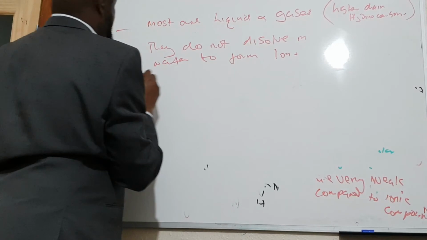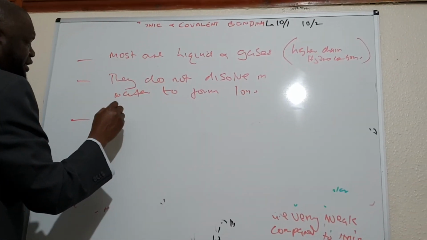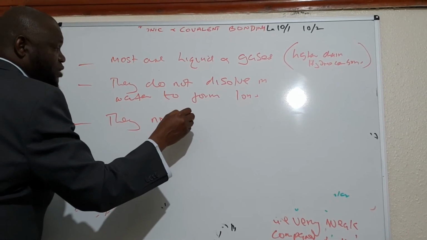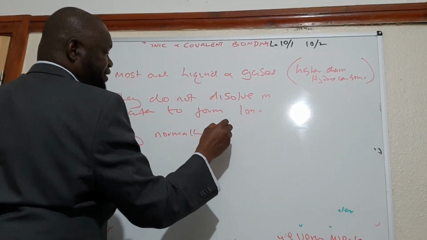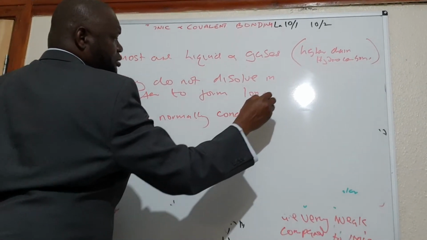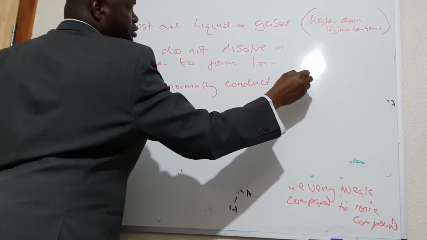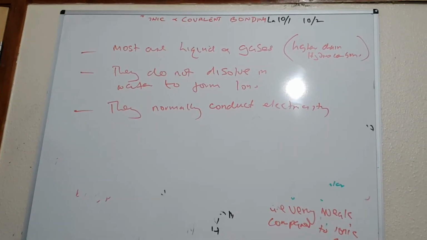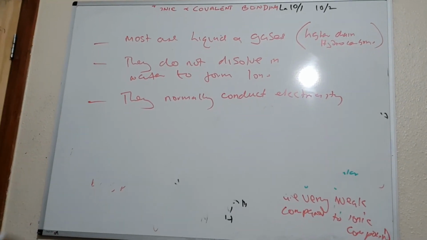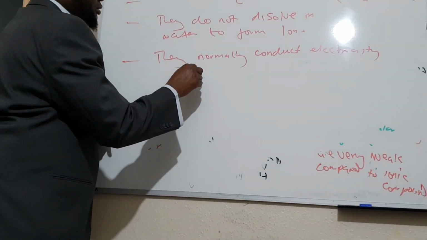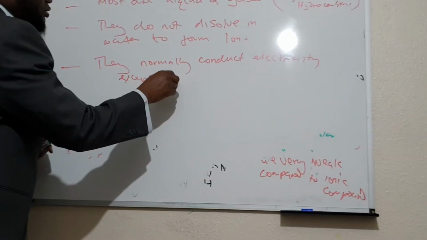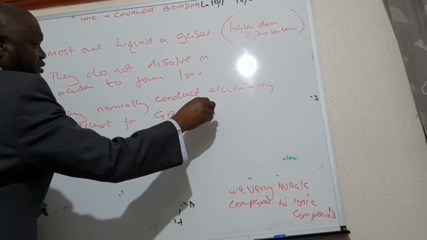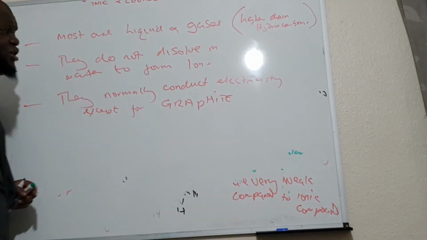So therefore, they don't conduct electricity. They don't normally, let me qualify that, conduct electricity, except for graphite. We look at graphite in our next one, because I don't want the video to be very big.